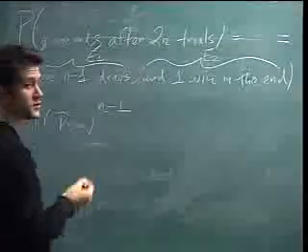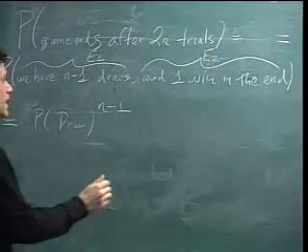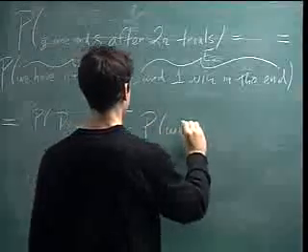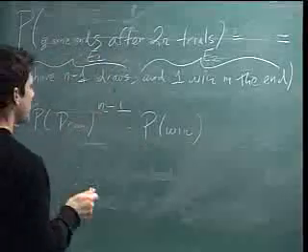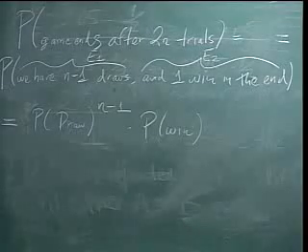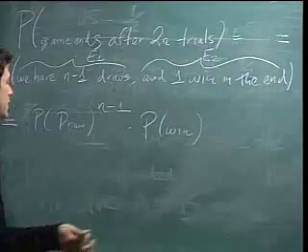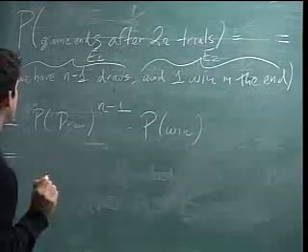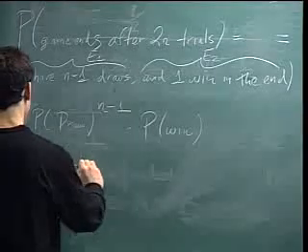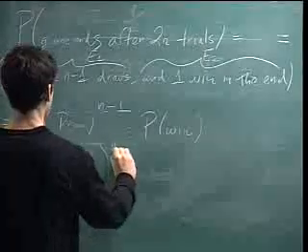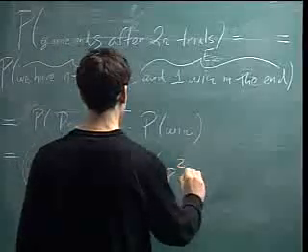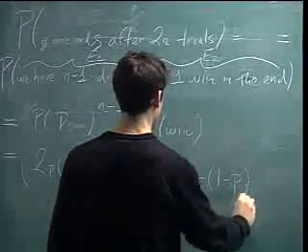They're independent, so we just raise it to the n minus 1 power. And then we want one win right in the end, so times the probability of a win. And now we don't care who wins. We just want to calculate the probability that the game ends, so it could end in A's favor or B's favor. So what do we get in the end? We get 2p times 1 minus p, all of that raised to the n minus first power, times p squared plus 1 minus p squared.